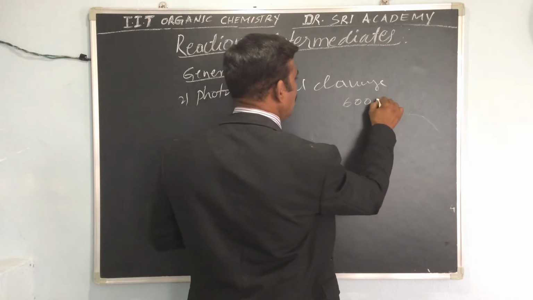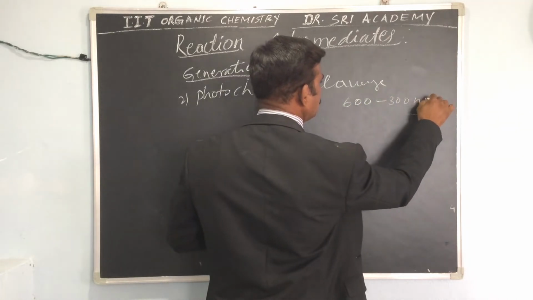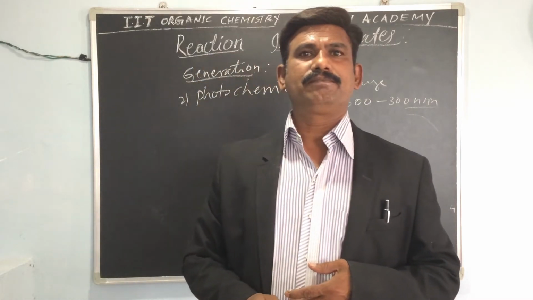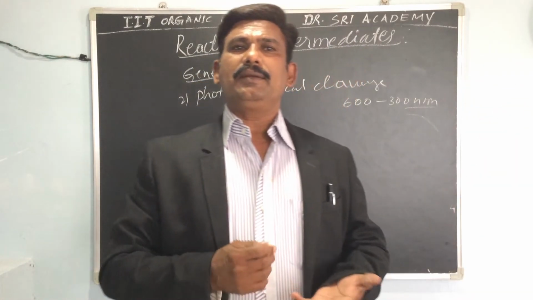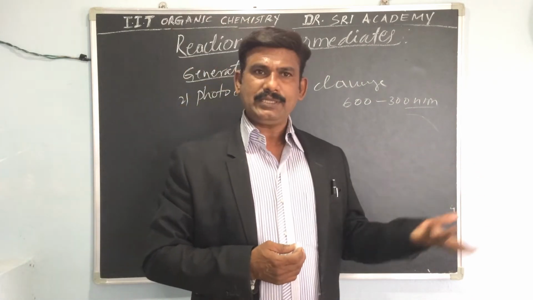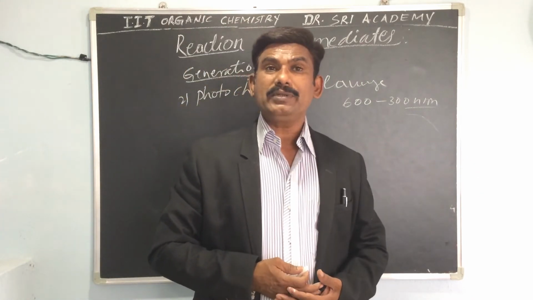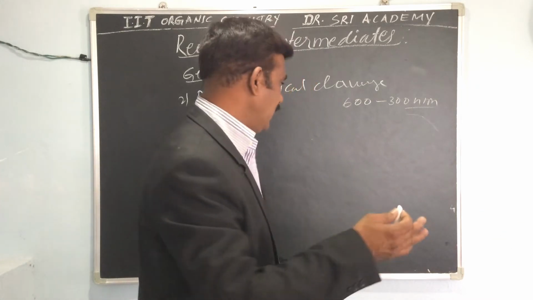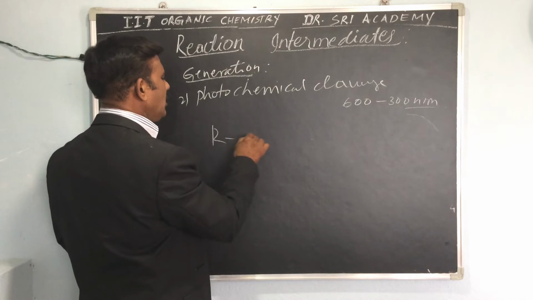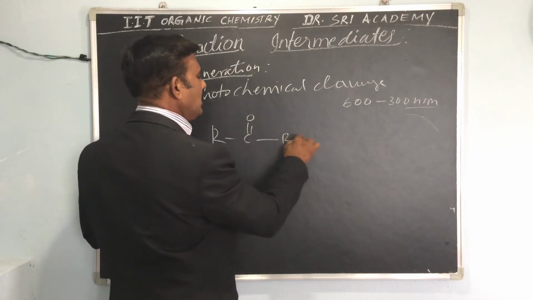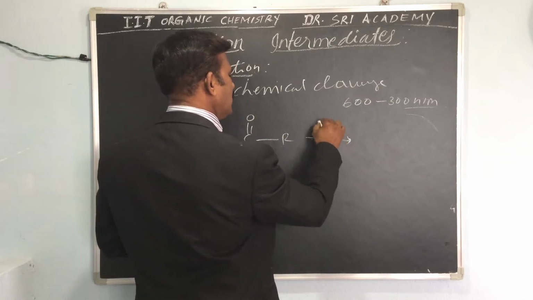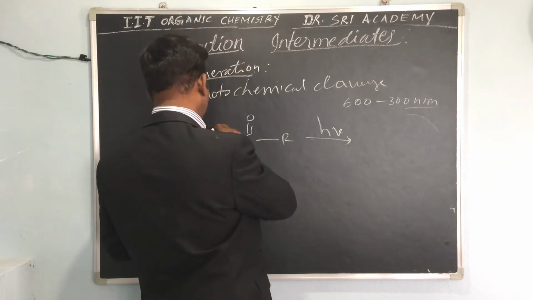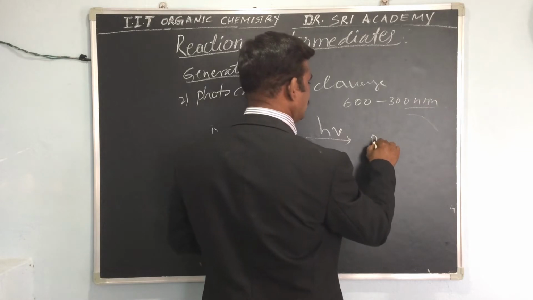Here generally halogens and carbonyl compounds might generate free radicals, for example ketones, carbonyl compounds. Under UV light they form like this.